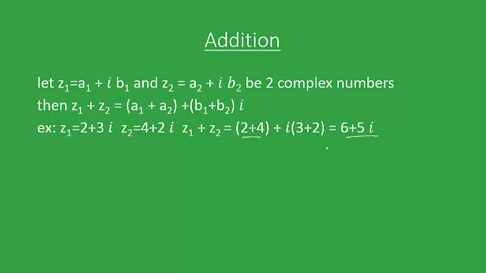As you might have learned in the algebra of real numbers, the addition simply follows some basic properties like the closure property, commutative property, associative property, and the existence of additive inverse and the additive identity. So let's look at them one by one. Okay, so the first thing is the closure property.